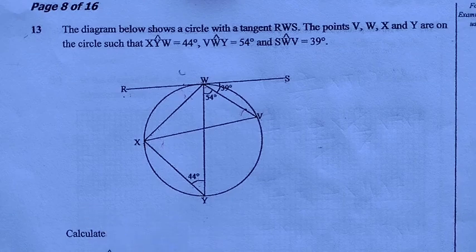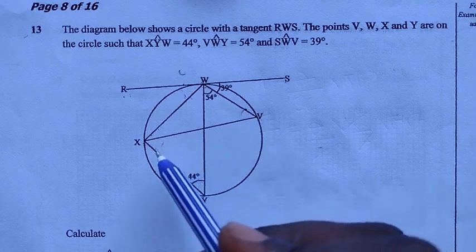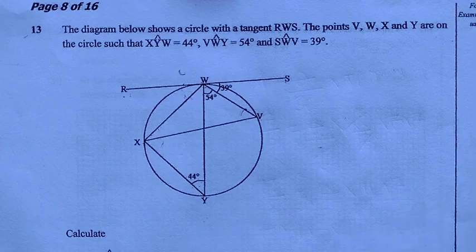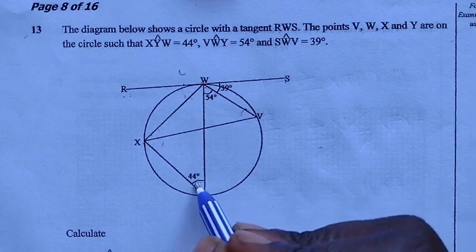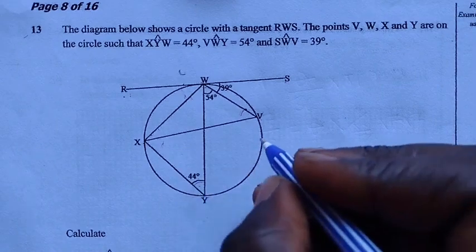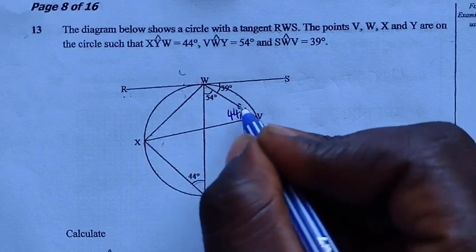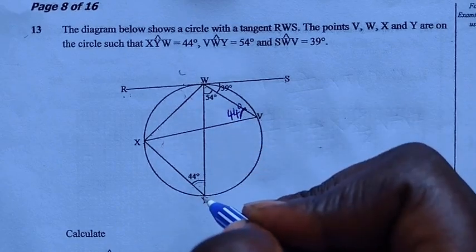Now, before we even look at the questions, let's try to find some of the easiest angles that we can find, just using some of the properties of the circle. Here we have 44 degrees. Even right here you are going to have 44 degrees because of angles in the same segment.